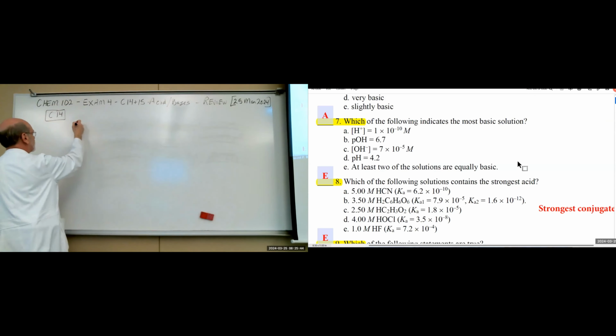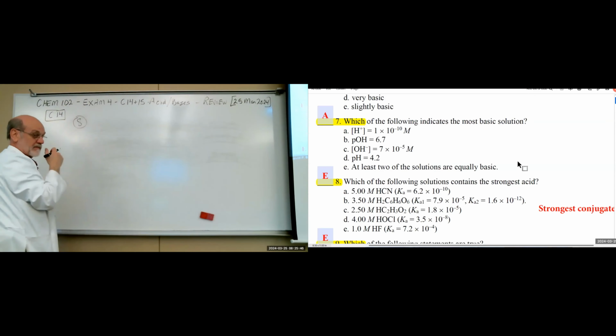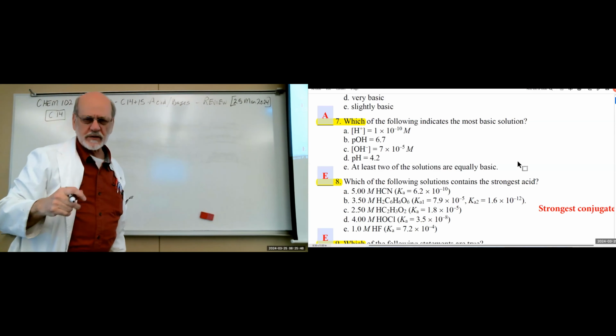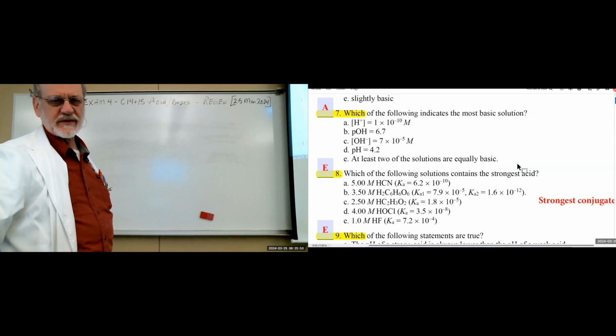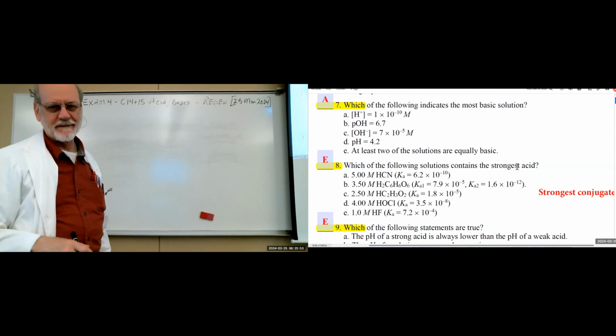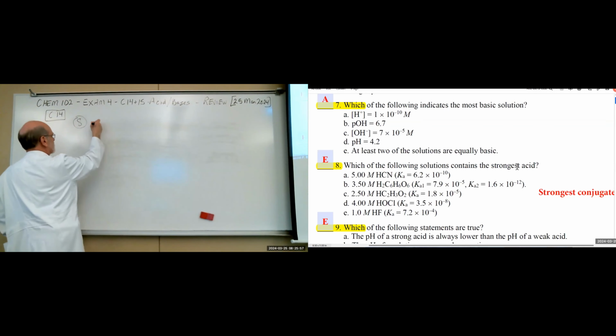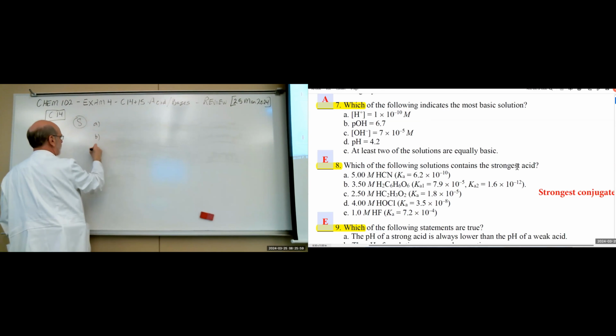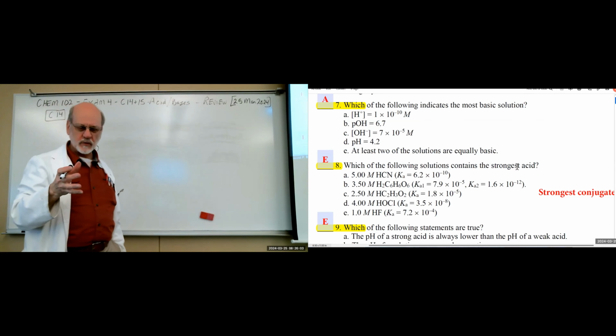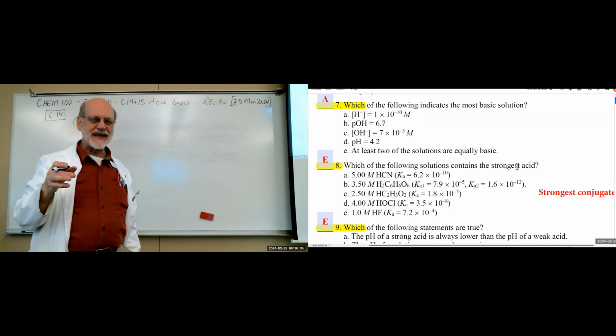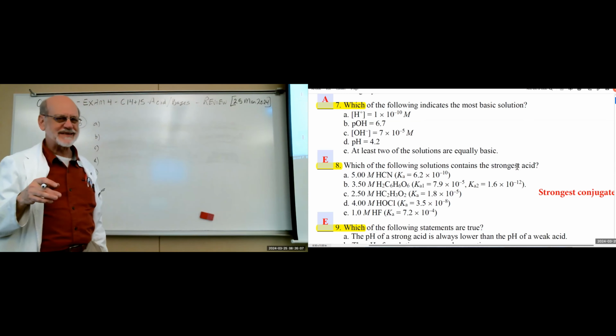Number 8. Which of the following solutions contains the strongest acid? All right. Well, let's see. The first one has a Ka of 6.2 times 10 to the minus 10.